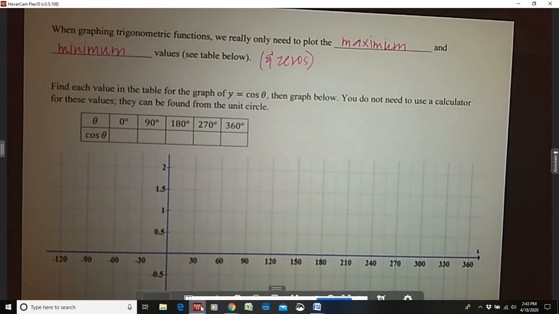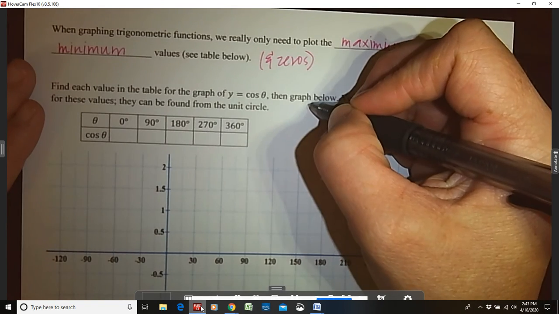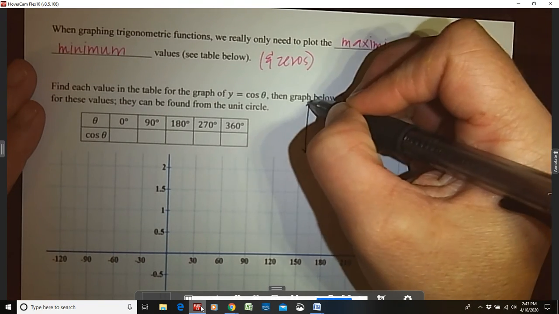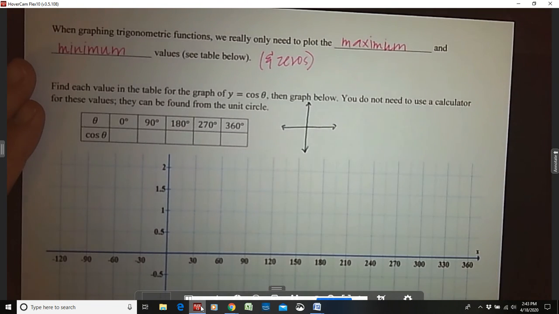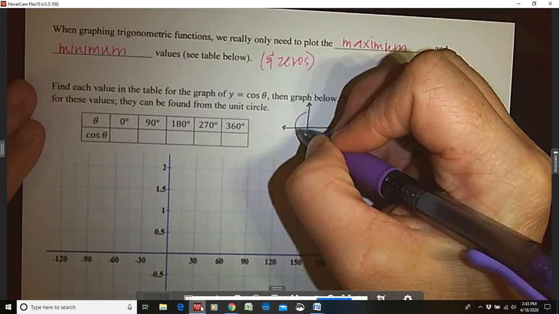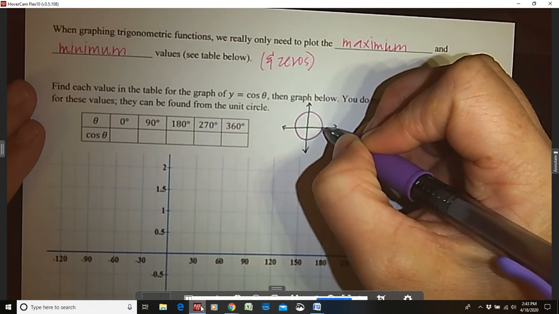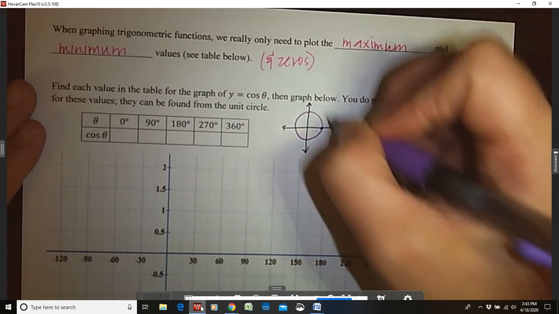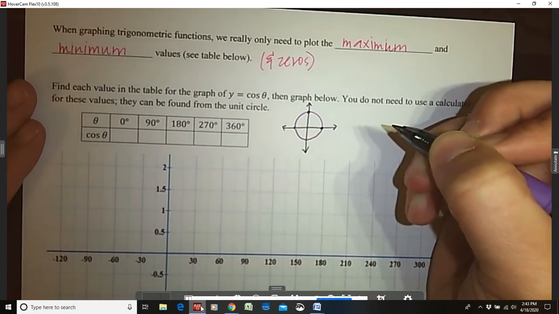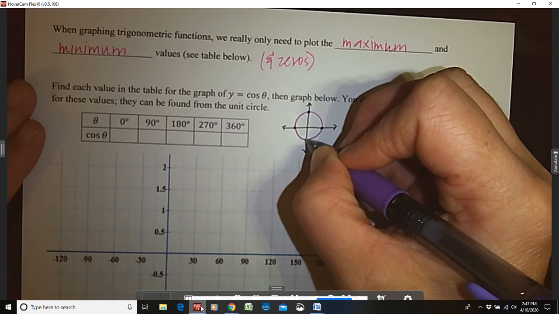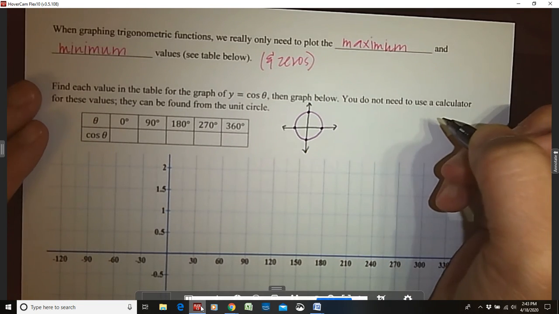So in the previous lesson, you learned that my quadrantal values, my quadrantal angles, are the angles that are on either my positive x, so 0, positive y, so 90, negative x is 180, and then the negative y-axis is 270, and then back here to 360.